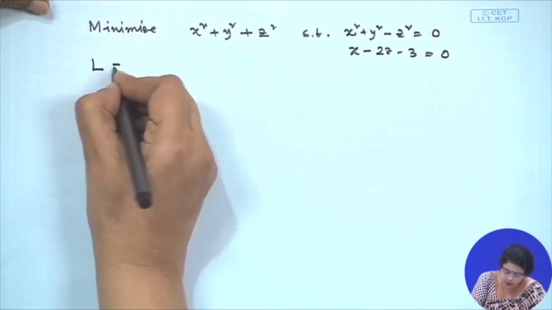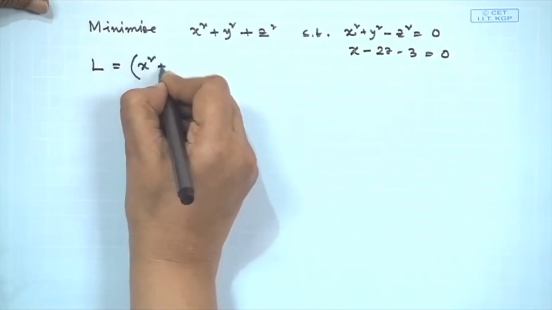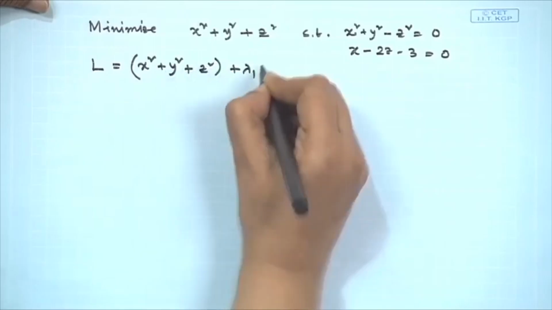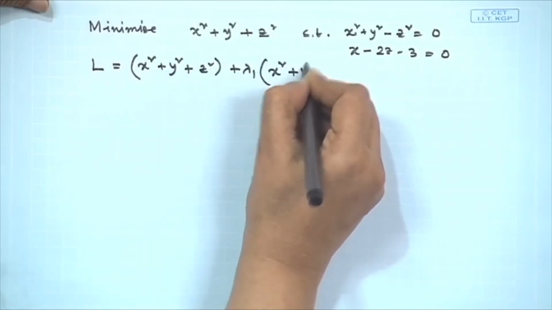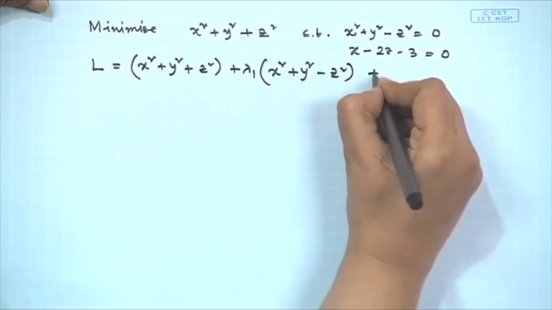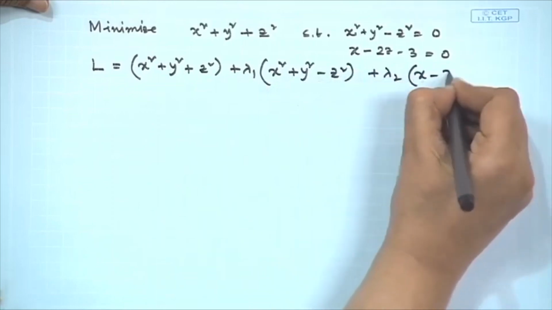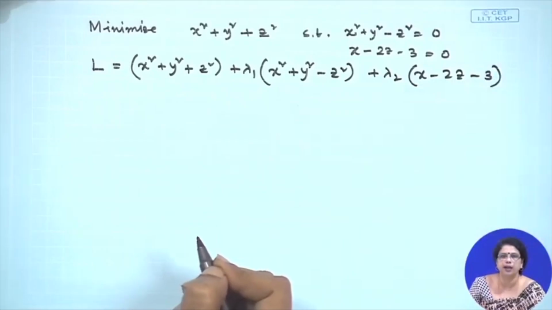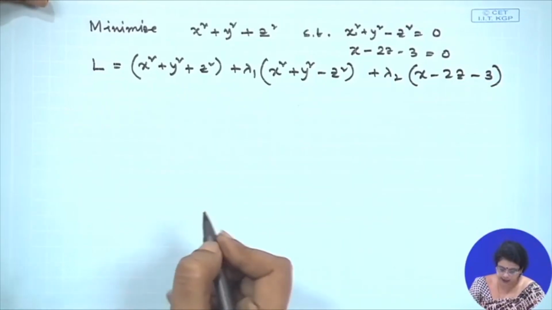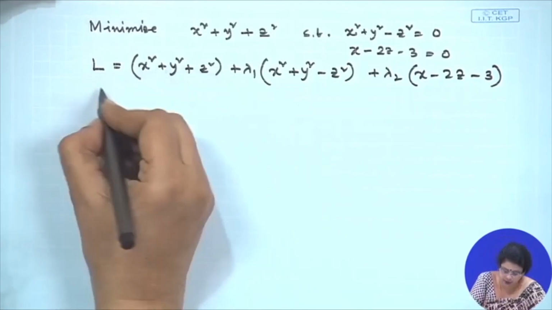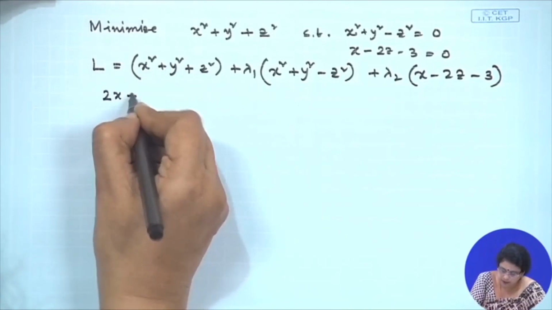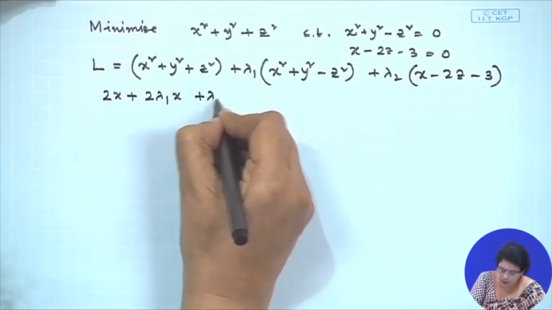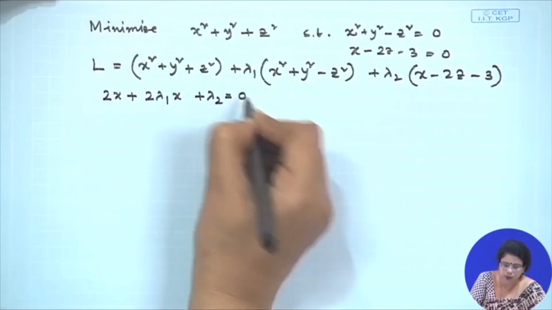Now, the Lagrange function would be x square plus y square plus z square plus lambda 1 times x square plus y square minus z square plus lambda 2 times x minus 2z minus 3. All right. Again, here also we will have the first order necessary condition. That is why the first condition will be 2x plus 2 lambda 1 x plus lambda 2 equal to 0.